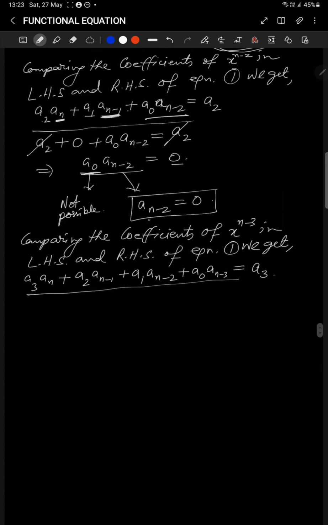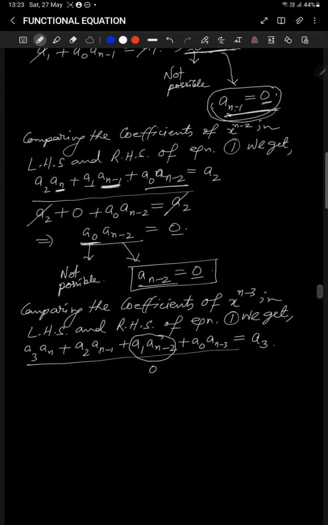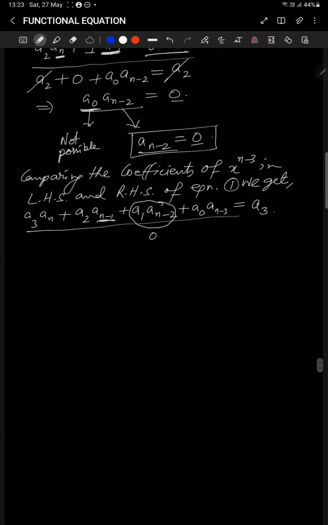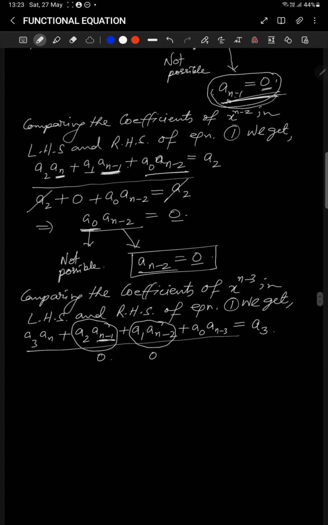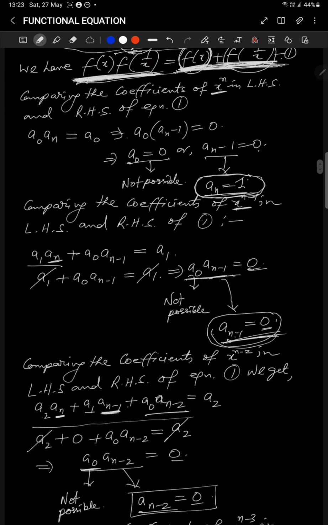Alright, now you see an minus 2 was equal to 0, so this particular term will turn into 0. Again an minus 1 we had as 0, so this term also will become 0. Again an we had, try to recall, an was equal to 1.